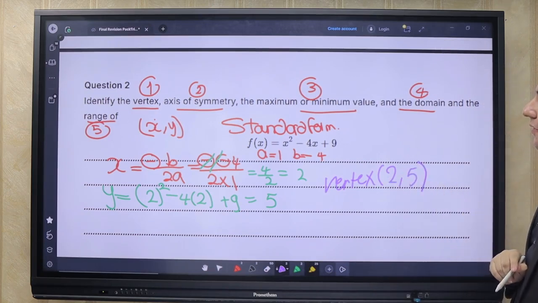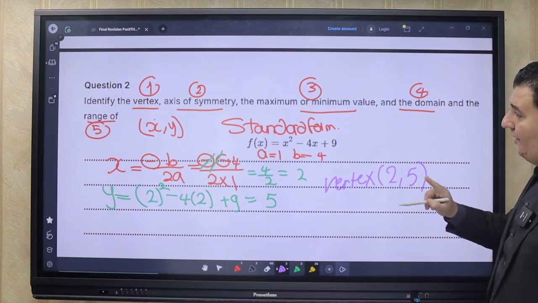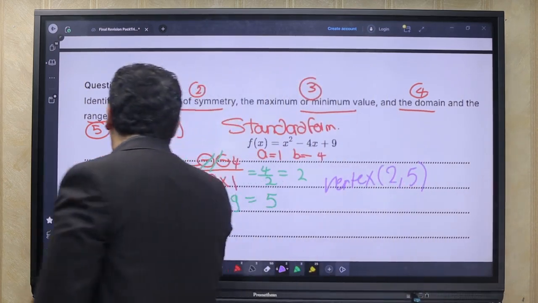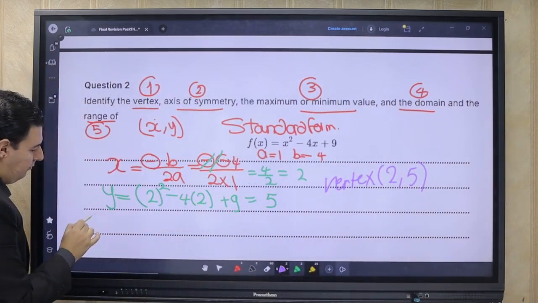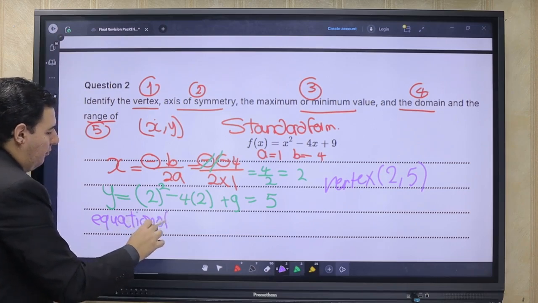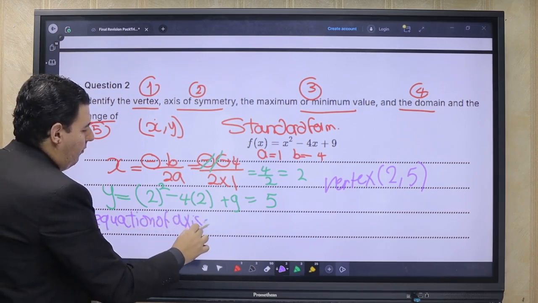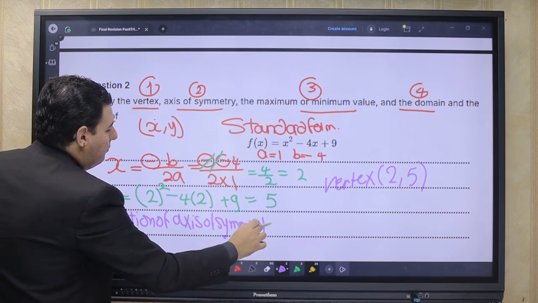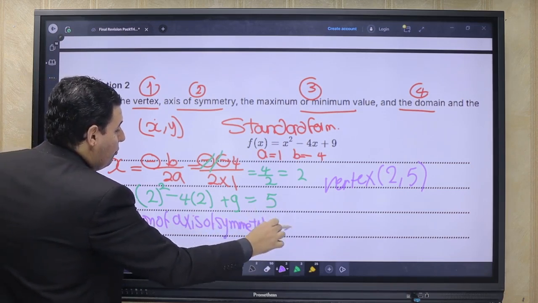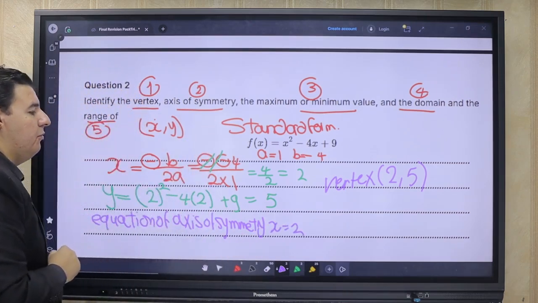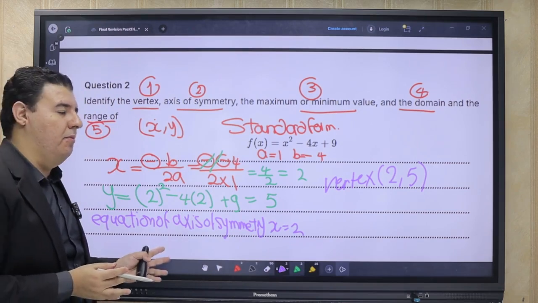The second one, what is the axis of symmetry? Axis of symmetry, it's an x, the equation of x. So the equation of axis of symmetry is x equal 2. What is the maximum or minimum value? How can we differentiate between maximum or minimum value?